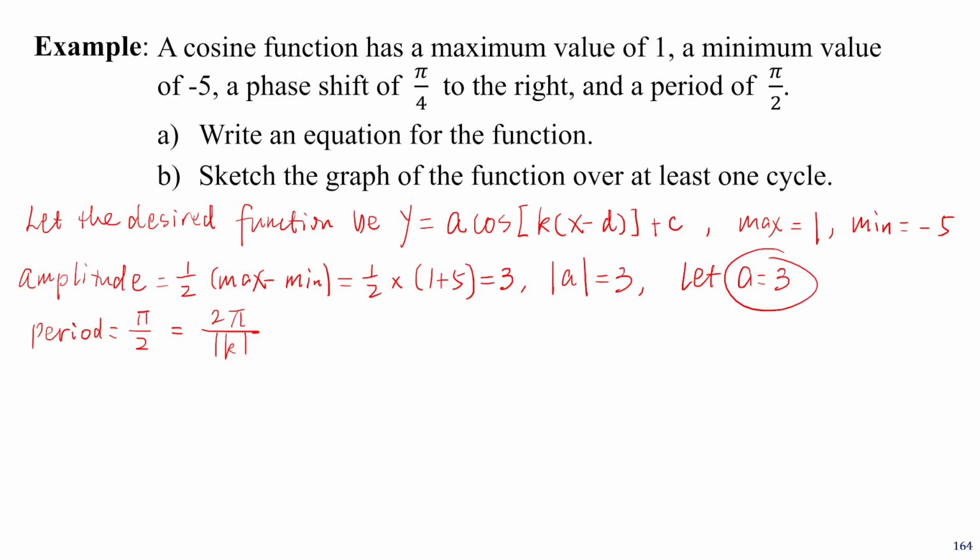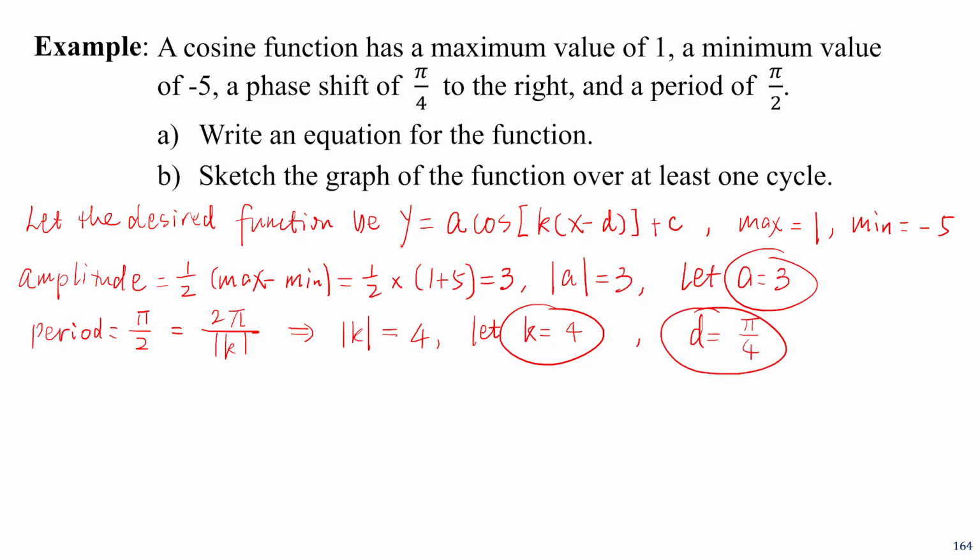So this gives us the absolute value of k equals 4. Again, for simplicity reasons, we can just let k equals positive 4. That solves the second parameter, right? Phase shift is a quarter pi, so we can directly write d equals a quarter pi to the right, so d equals positive a quarter pi, right? That gives the third parameter.